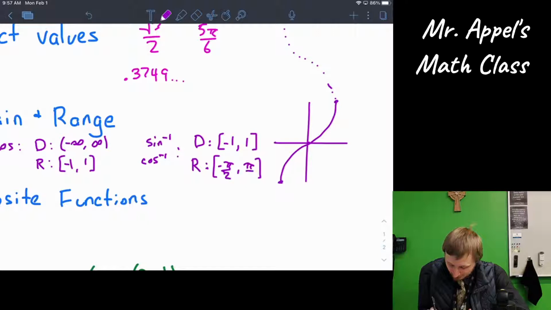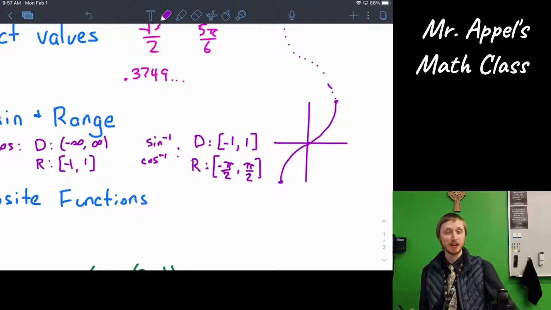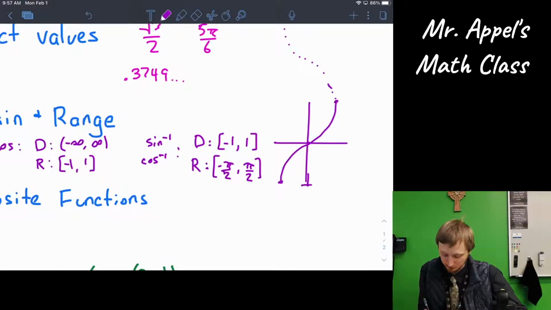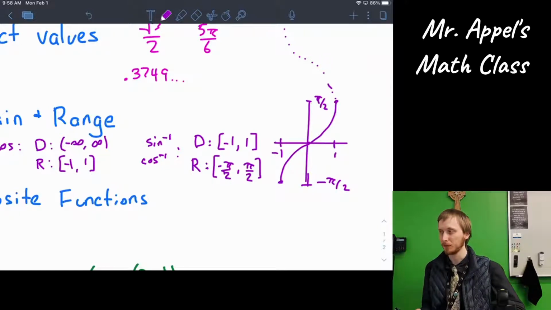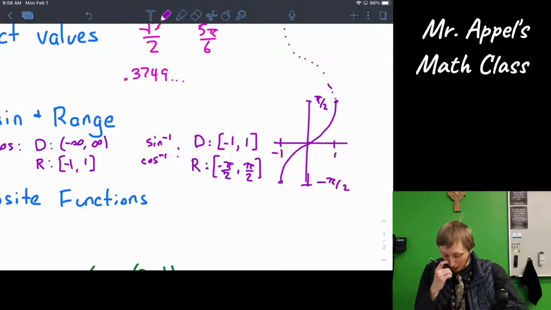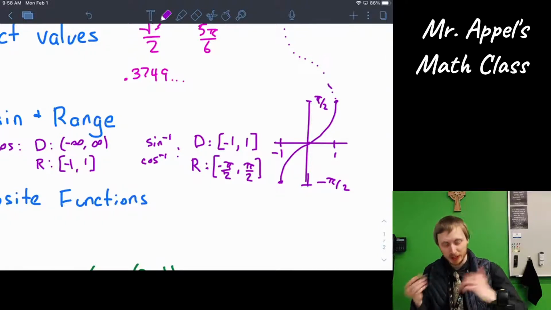So we need our range to be down to negative pi over 2 to pi over 2. So this is negative pi over 2. This is positive pi over 2. This is positive 1. This is negative 1. That, of course, applies to sine and cosine.